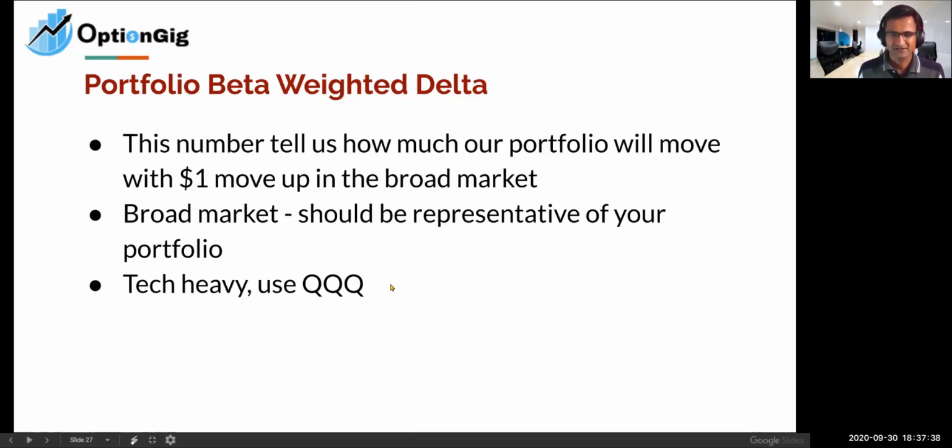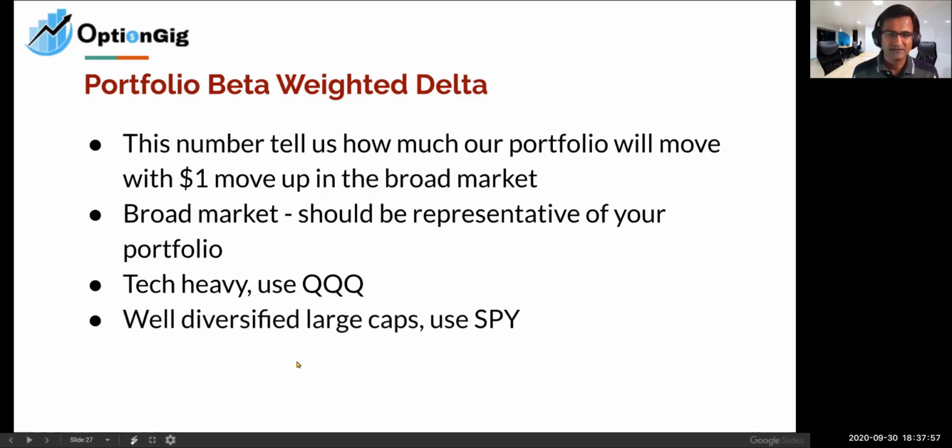I love those stocks, all SaaS, all tech stocks. Then your portfolio gels more with QQQ, which is the NASDAQ 100 ETF. But if your portfolio is well diversified, then you use SPY as the broad market.